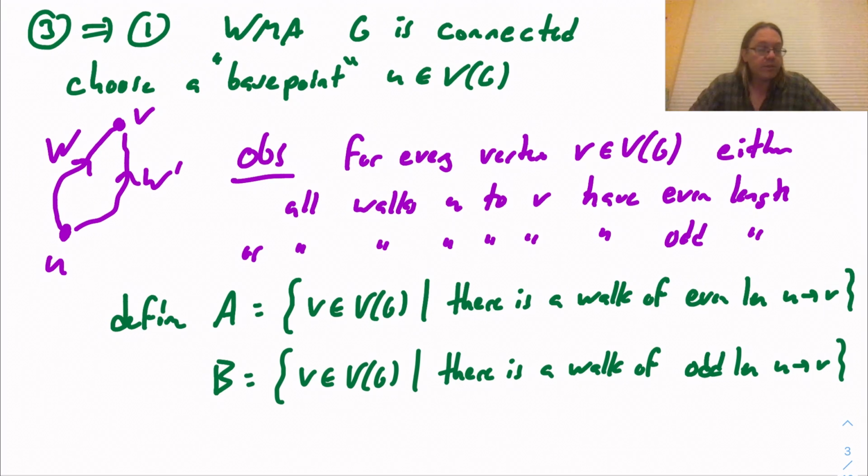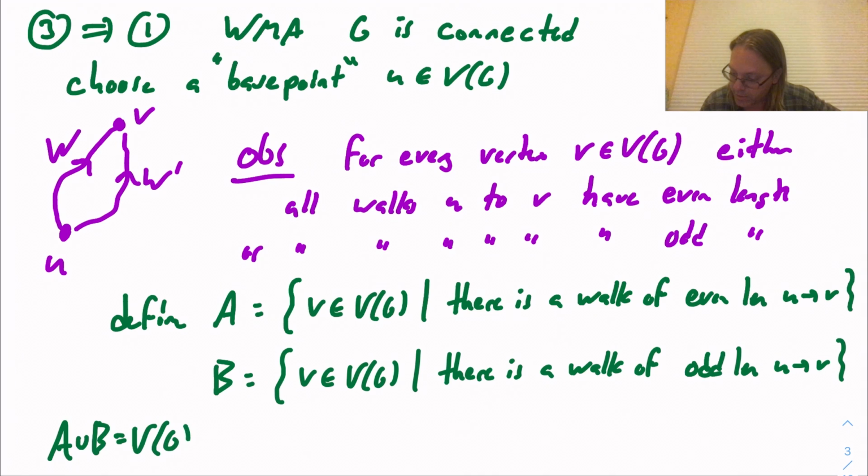My graph is connected, so there must be some walk from U to every other vertex in the graph. And that means that every vertex has to be in at least one of A or B, and we've just verified that you can't be in both. So thanks to the connectivity, we know that A union B is everything. I know that A intersect B is empty. That's by our observation.